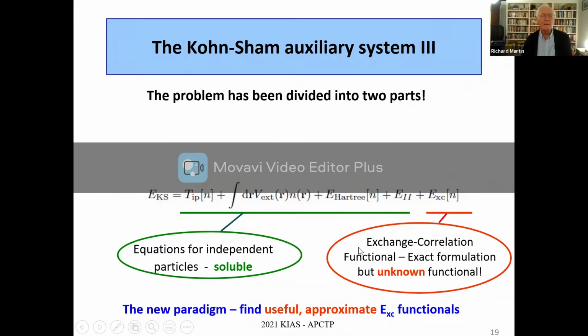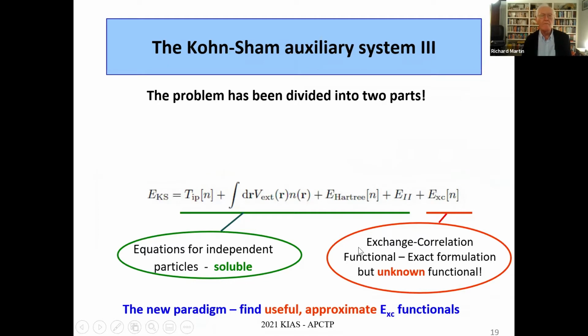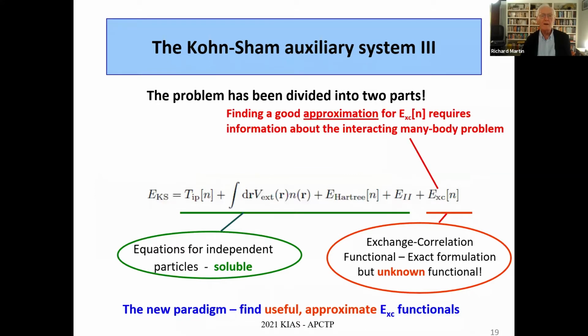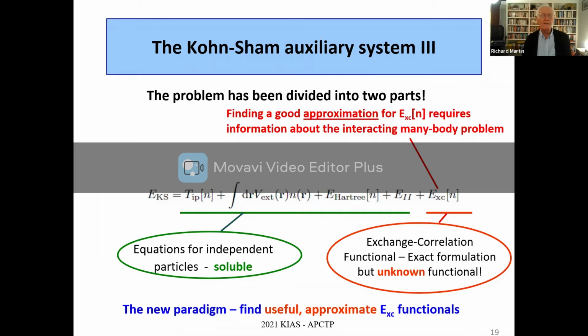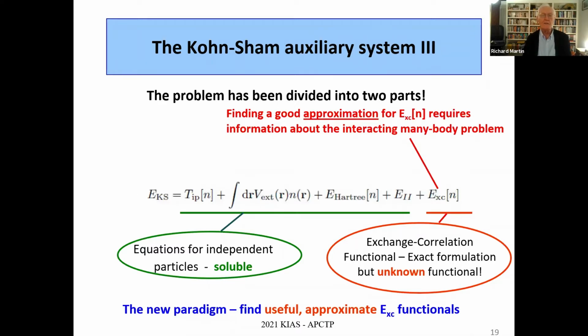So I would say that one of the reasons for its great success is dividing the problem into two parts. One part is finding the approximations, and that means you can test the approximations on test systems and decide what's a good approximation for some large class of materials.